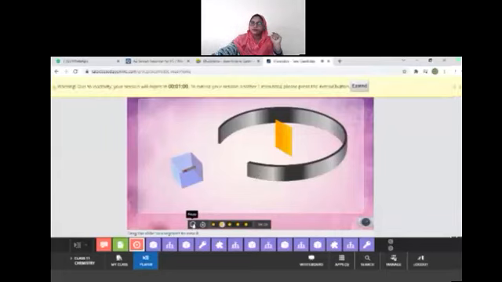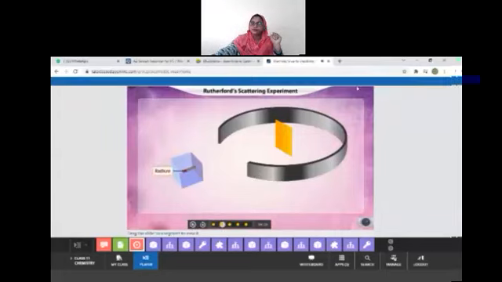The setup consisted of a piece of radium, a radioactive metal, placed in a lead block. The lead block had a slit to allow only a narrow beam of alpha particles emitted by the radium to pass through. The alpha particles escaping from the slit were directed to a thin gold foil of thickness approximately 100 nanometers.